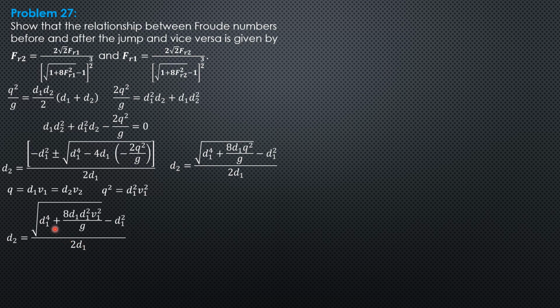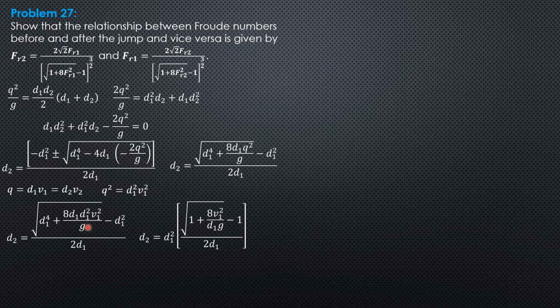So this is d1 to the fourth plus 8 d1 cubed. Let's make this d1 to the fourth, so we divide by d1 here so that we can factor out d1 to the fourth inside the radical, and of course the square root of that is d1², so that we can factor out d1² also, so this becomes minus 1. So d2 is d1 over 2 times the square root of 1 plus 8 v1²/(d1 g).